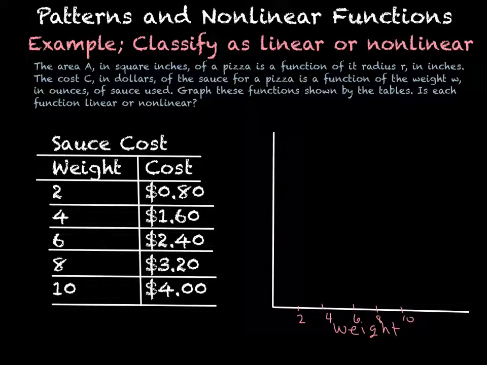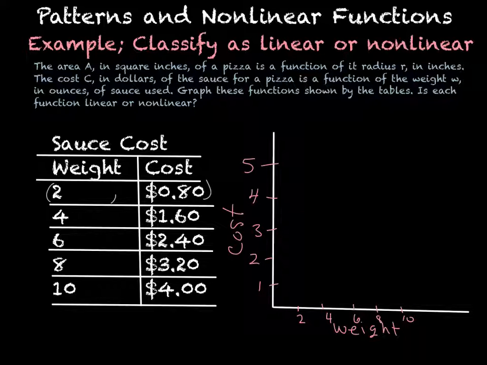And then our y variable would be the other one, which is cost. And we're going to go up by $1. 1, 2, 3, 4, 5. And then we're just going to plot the points.